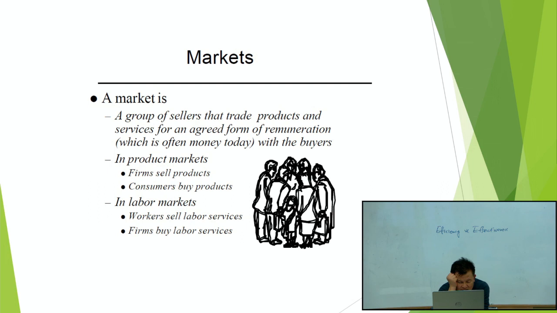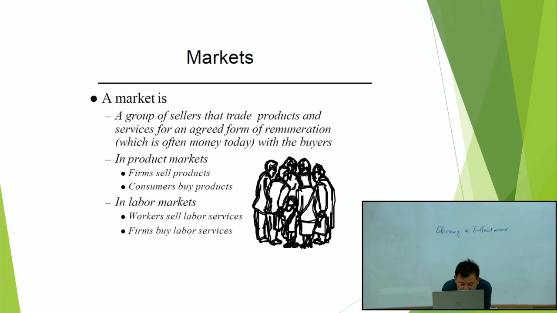So the product market is where firms sell products and consumers buy products, mostly the consumer market. And in the labor market, workers sell labor services, which is work power, manpower, workforce, and firms buy labor services.